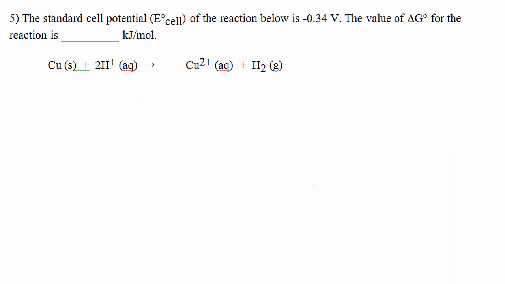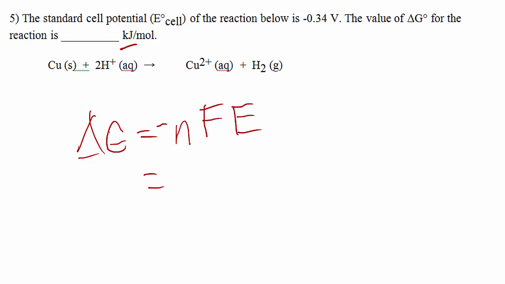Number 5. The standard cell potential for the reaction below is negative 0.34 volts. The value of delta G for the reaction is what, in kilojoules per mole? So again, delta G equals negative NFE. How many electrons are being transferred? Cu goes from 0 to plus 2, so I know that's a 2 electron transfer, confirmed by looking at the H's. 2 of them go from positive to 0, so that's a 2 electron change as well.